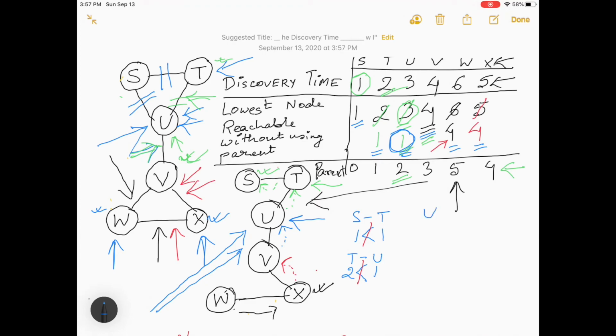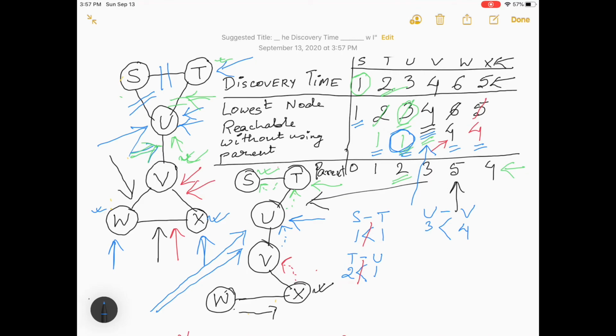Next we look at the edge uv. We see that the discovery time of u is 3, and then we see what is the earliest discovered node reachable from v, and we see that it is 4. Now we see if this relation holds true or not.